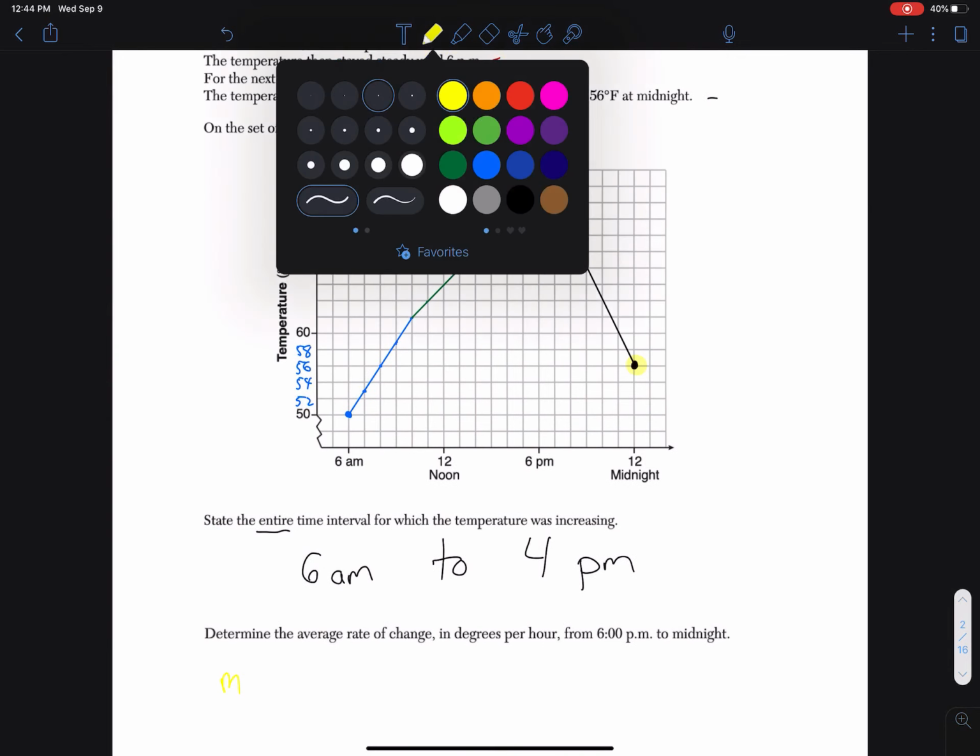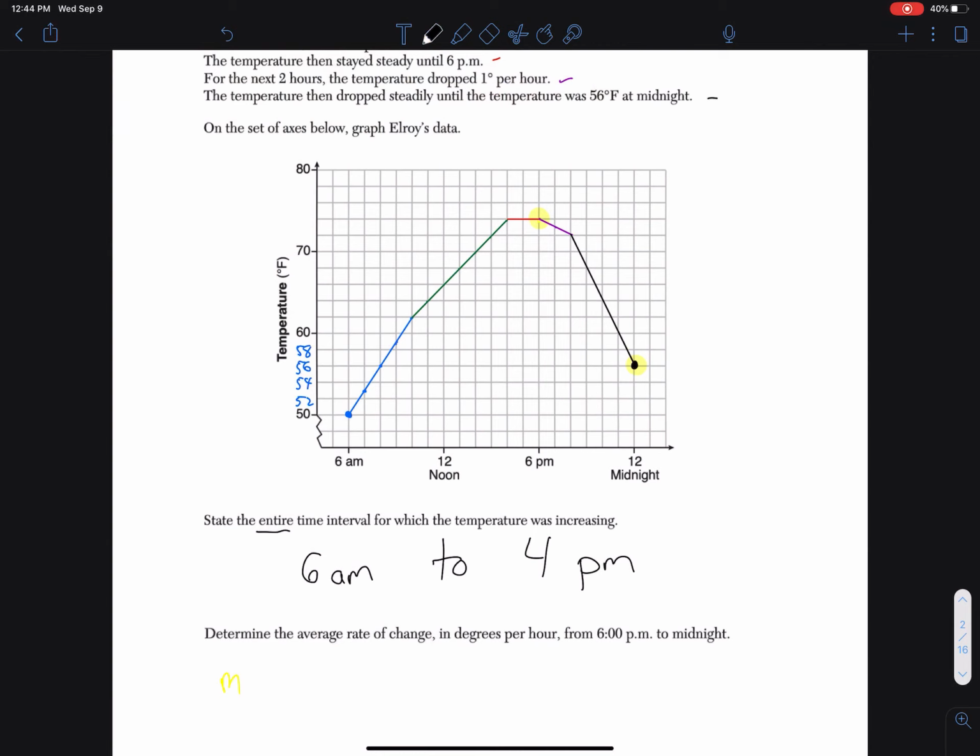M equals change in y over change in x. So the change in y, I'm going from 74, so I go down 2, 4, 6, 8, 10, 12, 14, 16, 18.